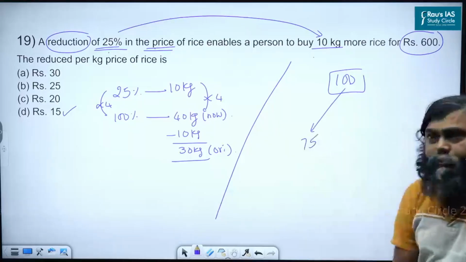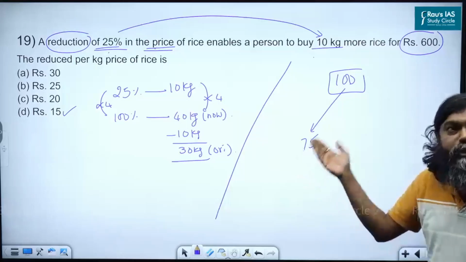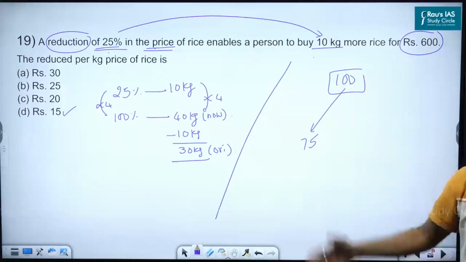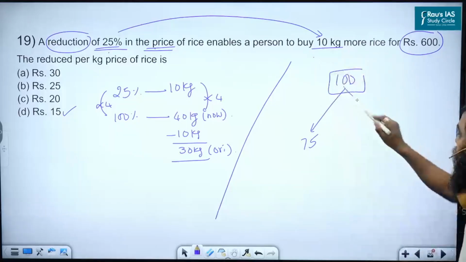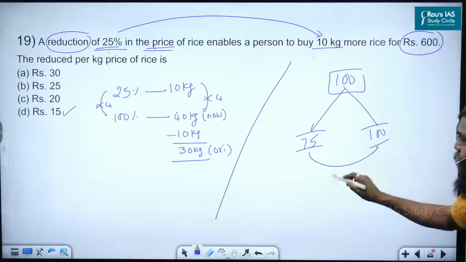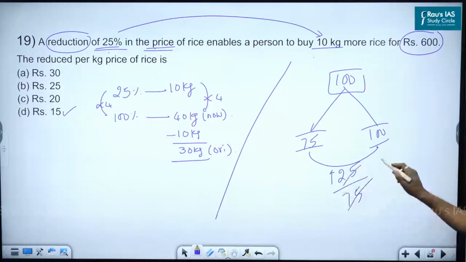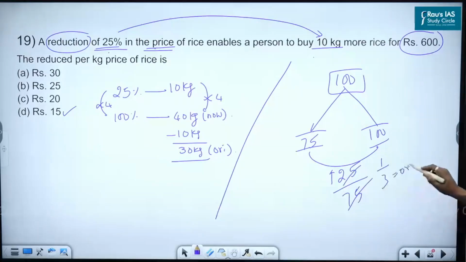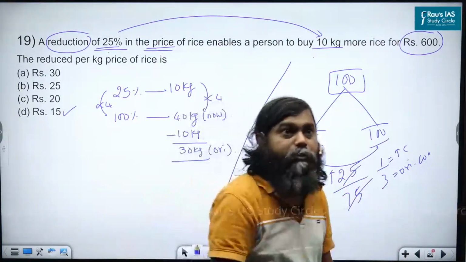So 75 rupees is sufficient to purchase the earlier quantity. But the question did not ask to decrease your expenditure. You have to spend 100 rupees. That means I have to increase my expenditure, so I have to increase my consumption. So 1 by 3 of the original consumption is the increase in consumption. Is it understood? Now you solve this.